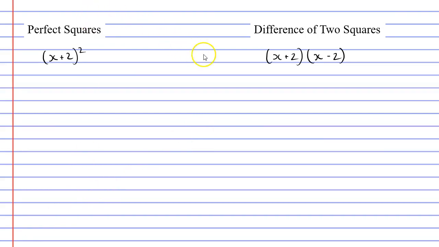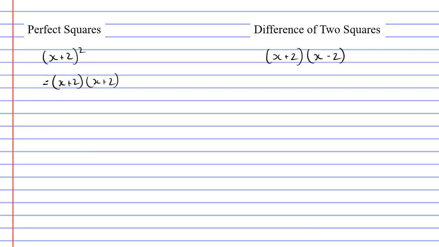Now when someone compares these two examples, at first thought they might go, these actually look very different to me. But remember, when you square something, that's the same as timesing it by itself. So for our perfect square, we can rewrite this as x plus 2 again.